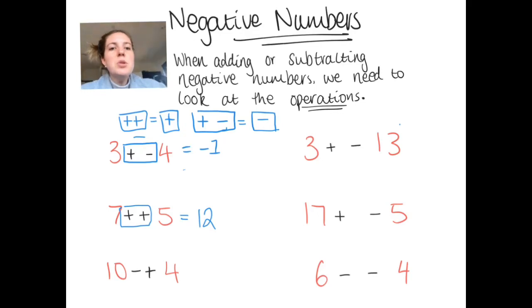Down the bottom, 10 take away positive 4. If we remember what we did for the first question, what does a plus and a minus turn into? It turns into a minus. The minus is really strong and it overpowers it.